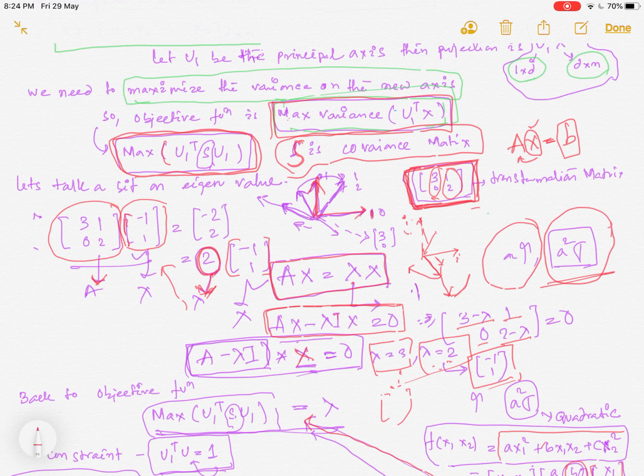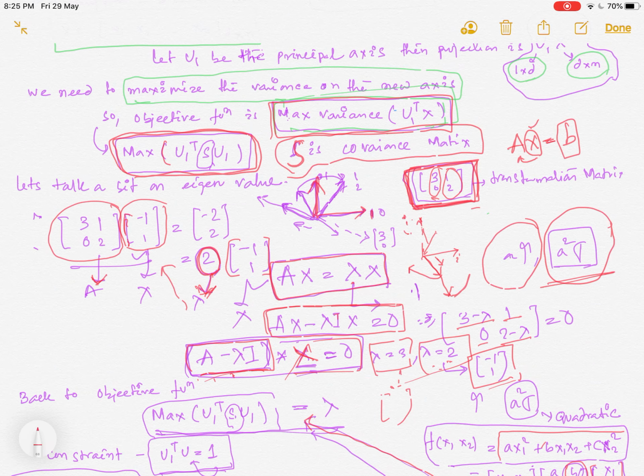One interesting thing over here is that in this equation x cannot be 0. So A minus lambda I has to be 0, in the sense that the determinant of A minus lambda I is 0. When we say that the determinant of anything is 0, we say that if we are in a 2D space, we are falling into a 1D space or line, because determinant gives us the area in 2D space and volume in 3D space.